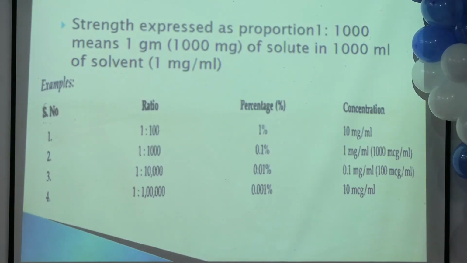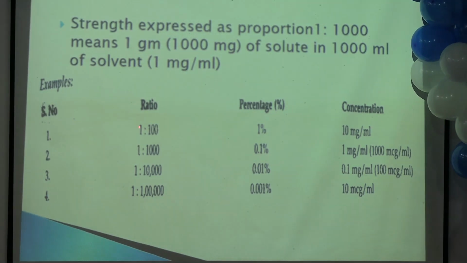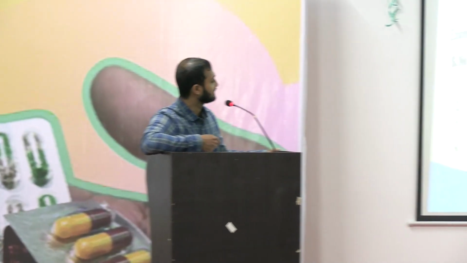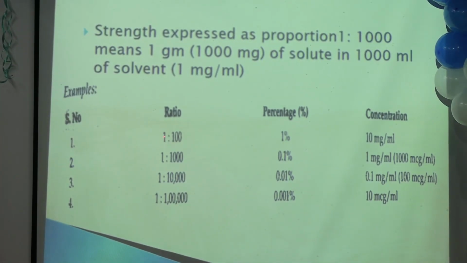Oh, sorry, here it is 100. If it is 1000 in 100 ml, dividing by 100 comes 10. So if it is 1 in 100, that means 1 gram, 1000 milligram, of the solute is dissolved in 100 ml.